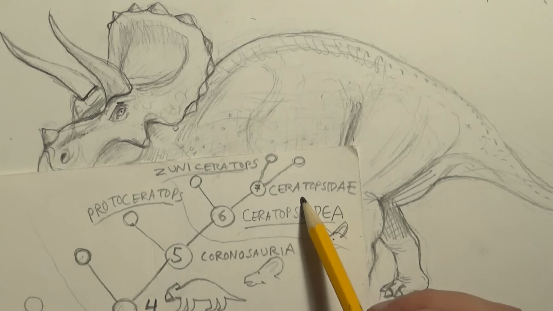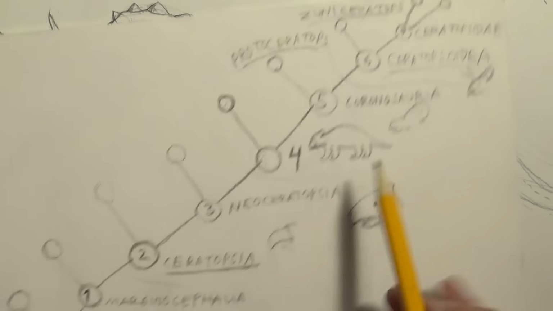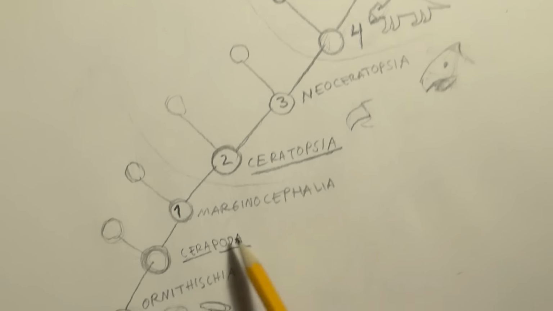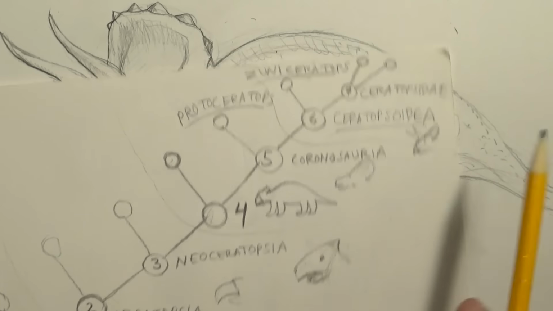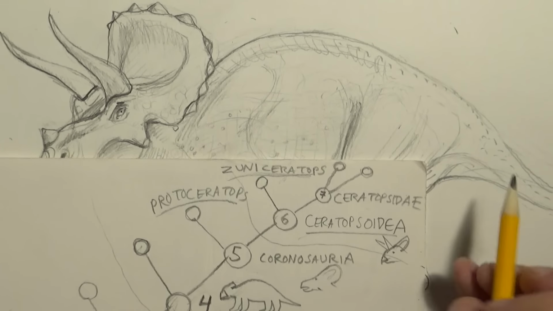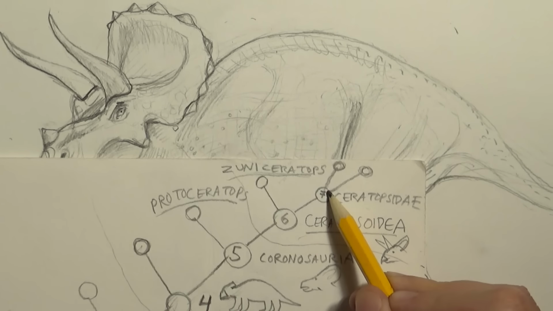Chasmosaurini is sometimes called also Ceratopsini. So we have Ceratopsini, Ceratopsidae, Ceratopsoidea, and Ceratopsia, and Ceratopoda. And there's a difference, of course, between these groups.